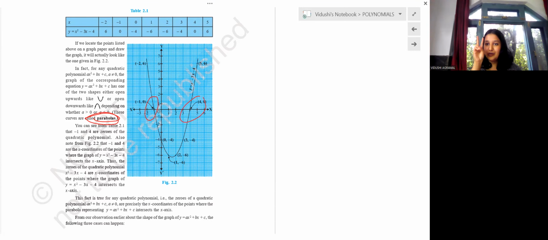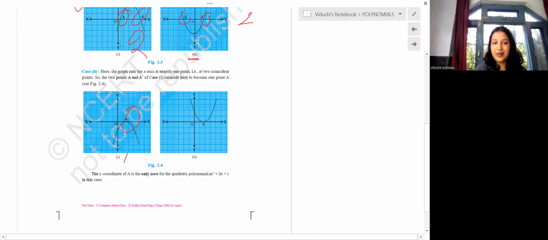Easy? Next, in this first one, you will see this parabola is intersecting your graph at only 1 point, that is point A. Therefore, 1 zero will be there. Similarly, here you will see one time this parabola is intersecting the x-axis, therefore again 1 zero of the polynomial shall be there.